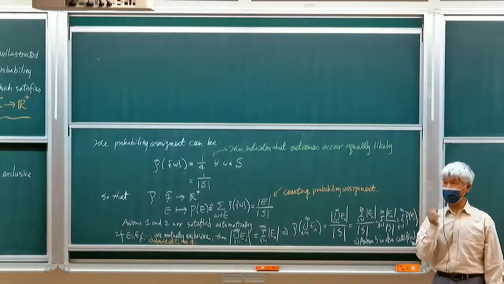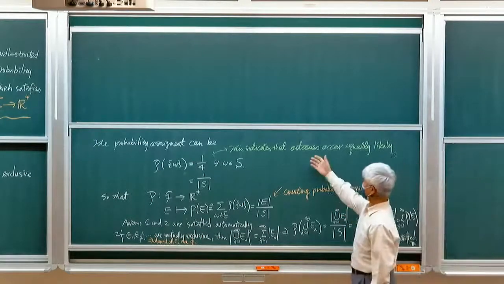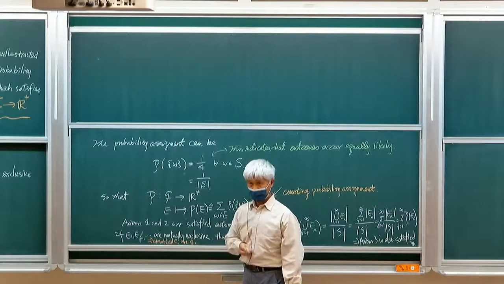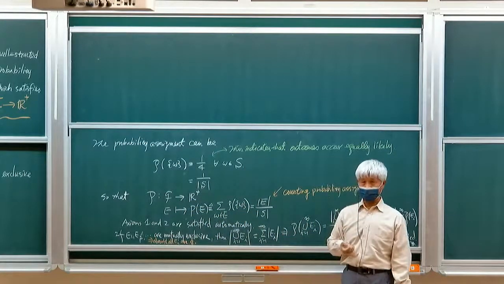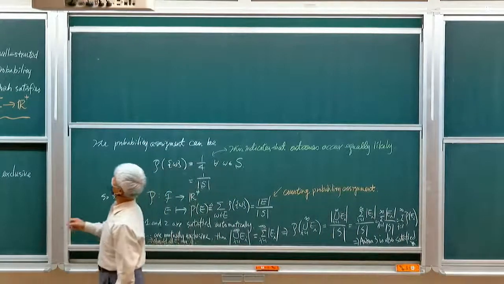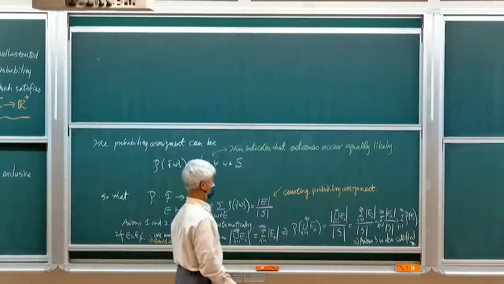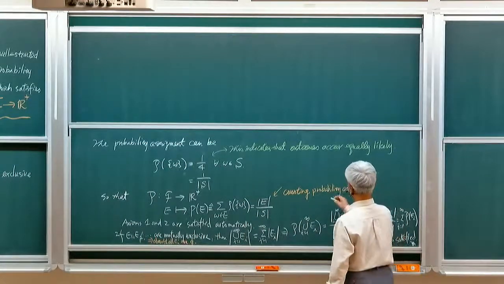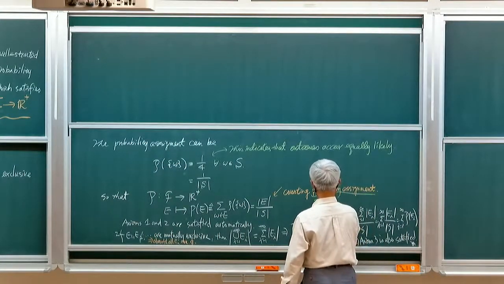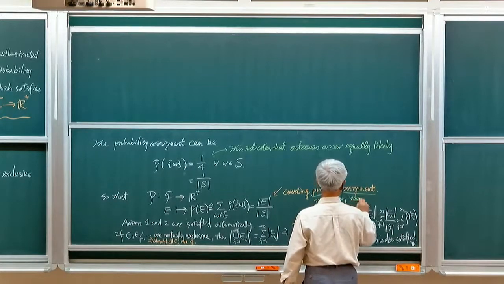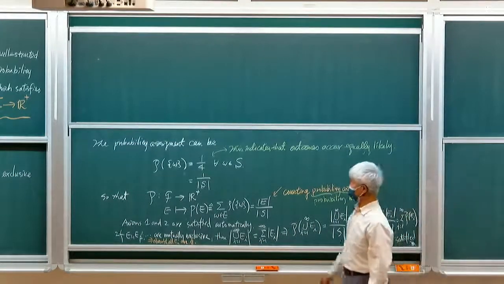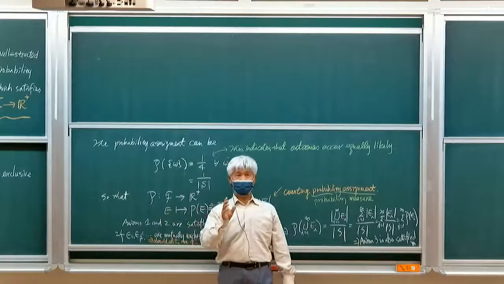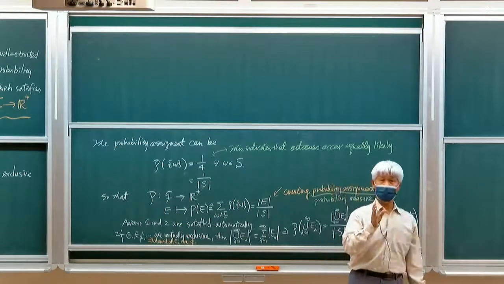So that is the basic assumption. With this basic assumption, we then have this definition of the probability assignment, or sometimes people call it a probability measure. So every measurable set will be given a probability measure.